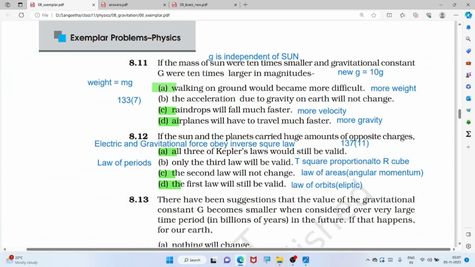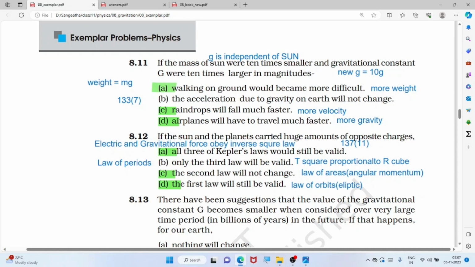If the mass of the sun were 10 times smaller and the gravitational constant G is 10 times larger, then the important thing to mention is that the acceleration due to gravity is independent of the sun. So it does not matter here. g depends on the mass of the earth and the radius of the earth only.